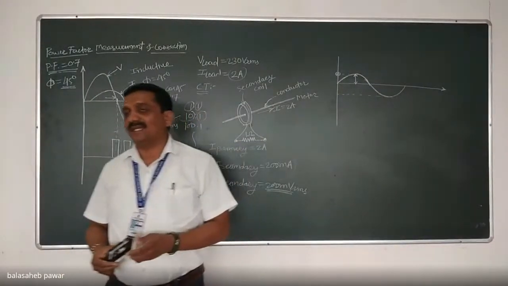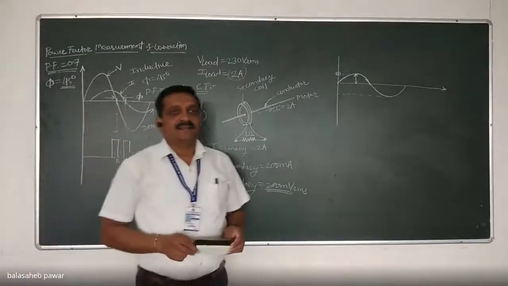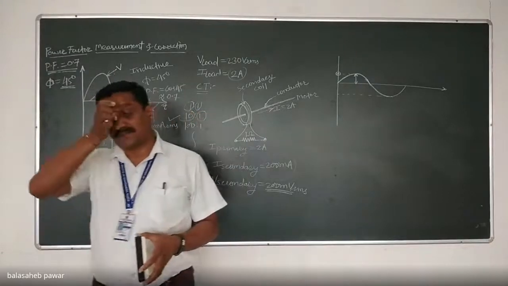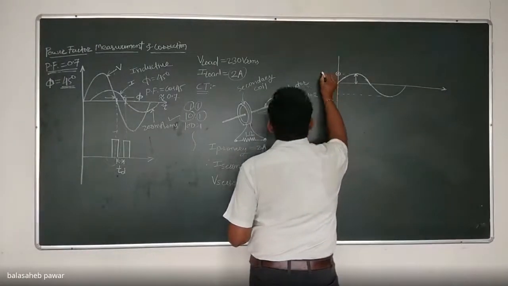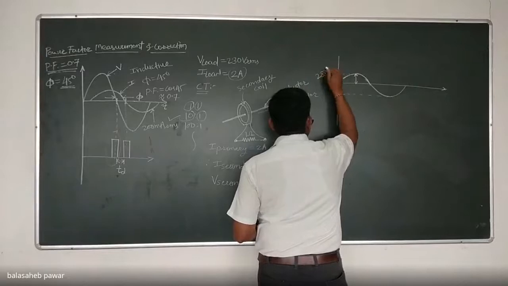So Vm equals Vrms, which is 200 milli, into root 2. That is 282.8 millivolt. So we'll call it 283 millivolts.